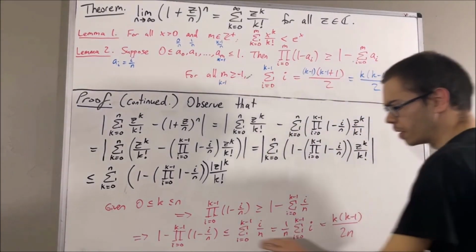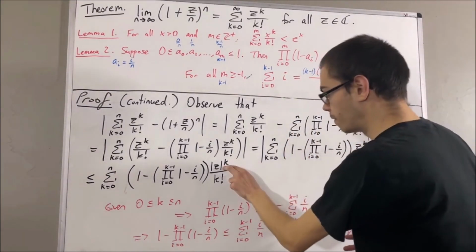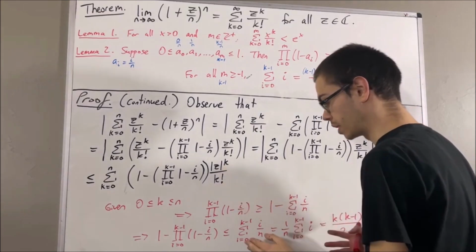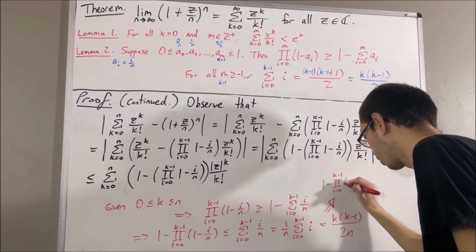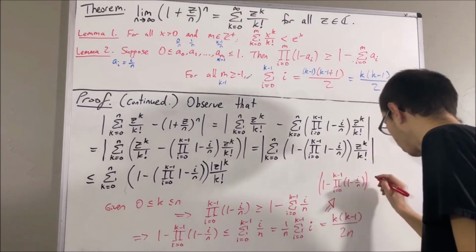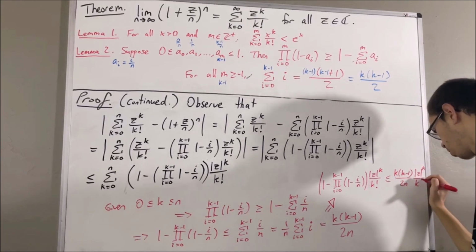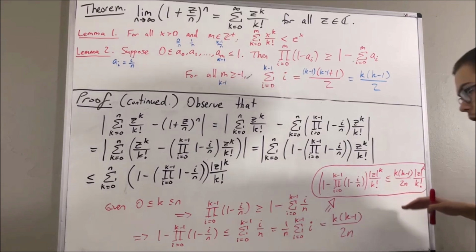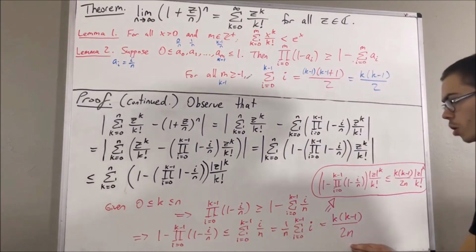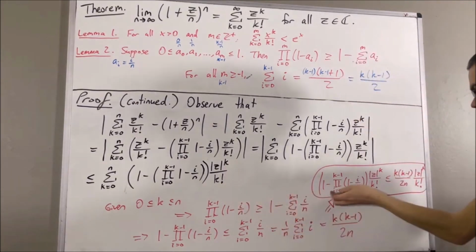And I've run out of room, but if we take this inequality and multiply absolute value of z to the k over k factorial on both sides, we get this. All we've done here was we multiplied both sides of this inequality by absolute value of z to the k over k factorial.